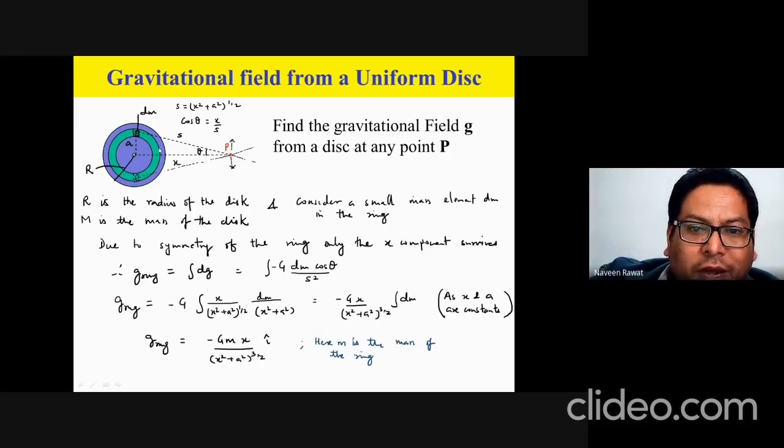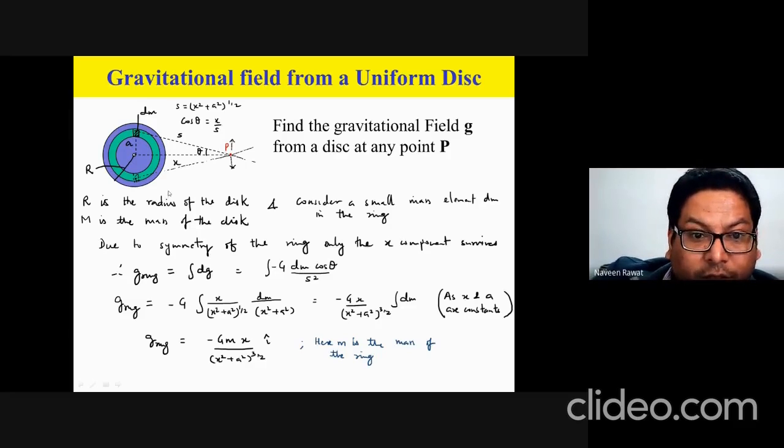The idea is the same. Again, we will consider a small mass element dm. This small mass element is creating some gravitational field at a certain point P. We can just keep it along the center position here, just for symmetry. And we can define this a as the radius of this ring that we want to find. Now capital R is the radius of the disk, mind you.